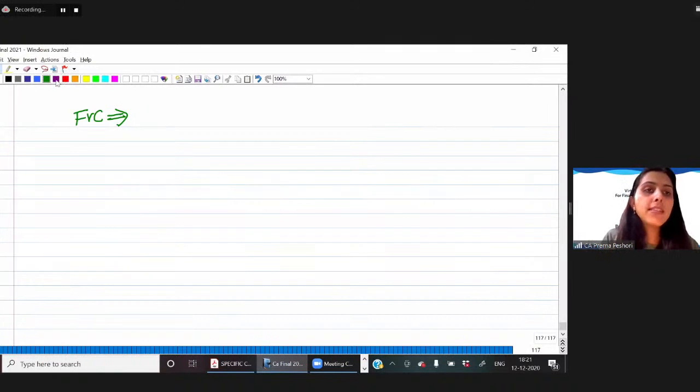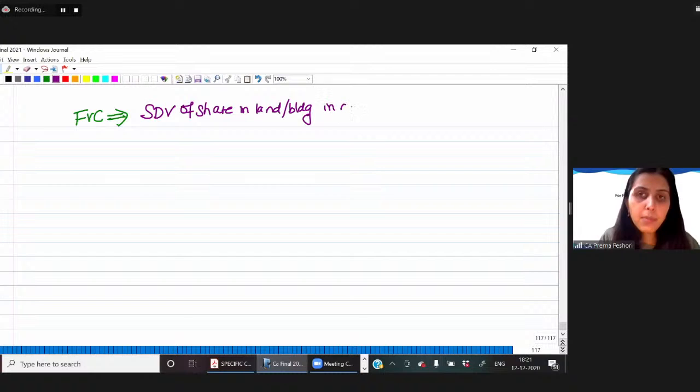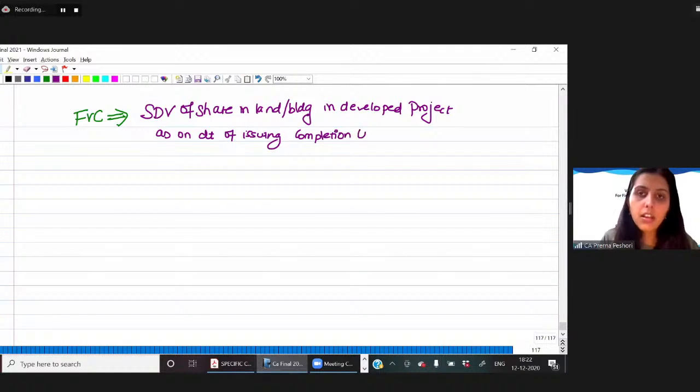So full value of consideration would be SDV, stamp duty value of share in land or building in developed project as on date of issuing completion certificate, plus additional monetary consideration if you receive it.